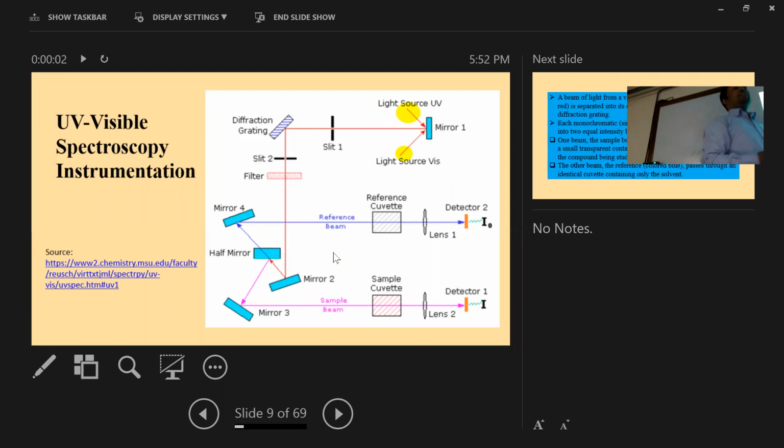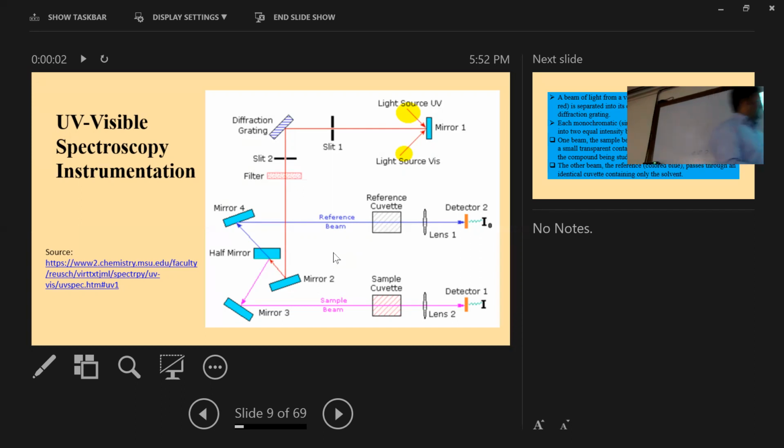With the name, you can easily understand that a mirror reflects most of the light, let's consider 100%. So half mirror means it is reflecting 50% and transmitting 50%. That is the half mirror.